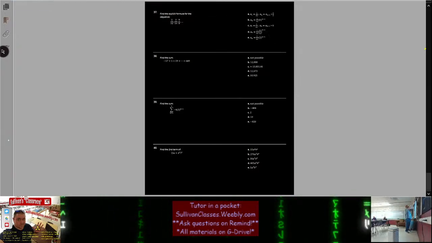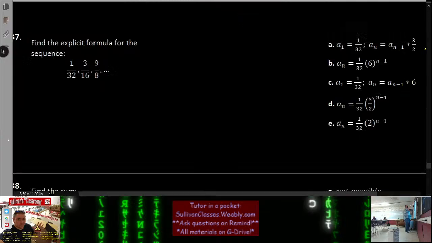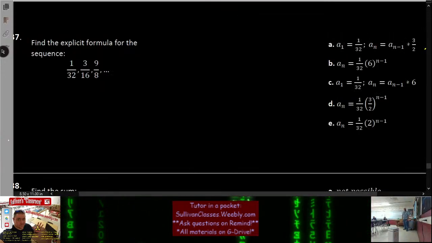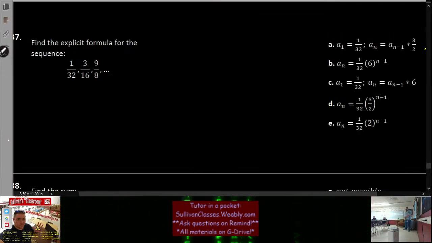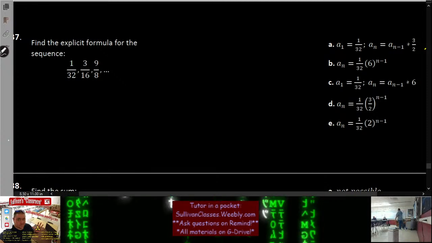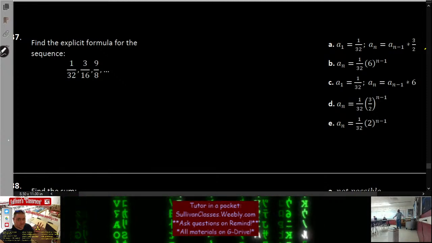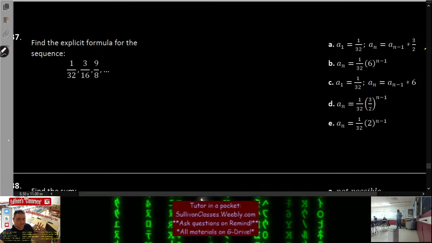Whew! We're getting there. Write the explicit formula for the sequence, and it doesn't say what kind it is. So you got to determine what are they doing with every successive term.